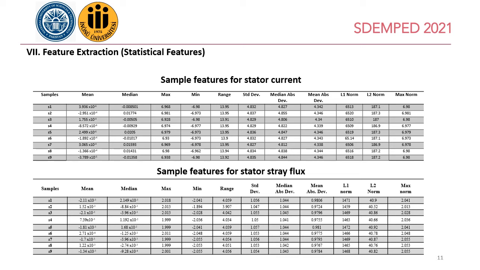Every set of 11 features, S1 to S9, is presented in the table, which is calculated from 1500 samples of the current and the leakage flux. The dataset of features is then fed into the classification learner to train the classifiers used for machine learning based classification techniques.